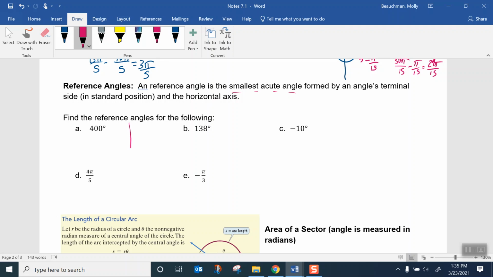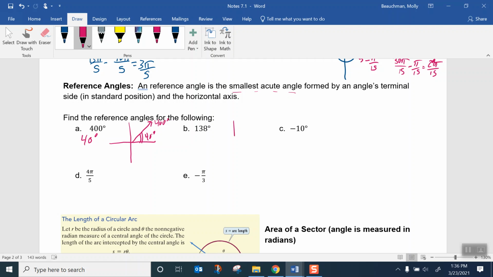So 400 degrees, we figured out that we rotate around the circle once with another 40 degrees. So the reference angle, this is 400, we've gone around the circle. The reference angle is the smallest acute angle formed by the terminal side and the horizontal axis, so with the x-axis. So the reference angle for 400 degrees is 40 degrees.